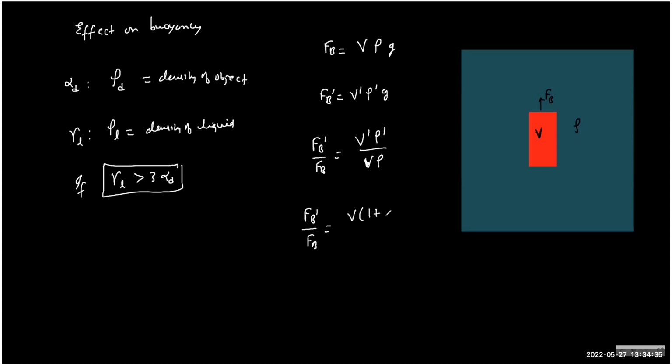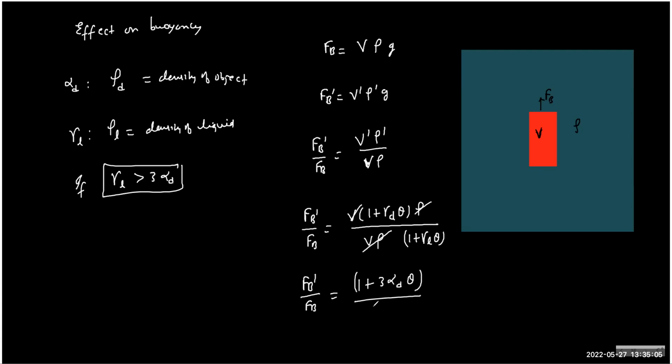V dash is 1 plus gamma, the gamma of the object, gamma d into theta. I hope you can understand. V will change by this formula, and rho will change by the formula rho upon 1 plus gamma liquid into theta, and then V rho is anyway there, so V rho will cancel out. So this upon this will be 1 plus 3 alpha d theta over 1 plus gamma L theta.